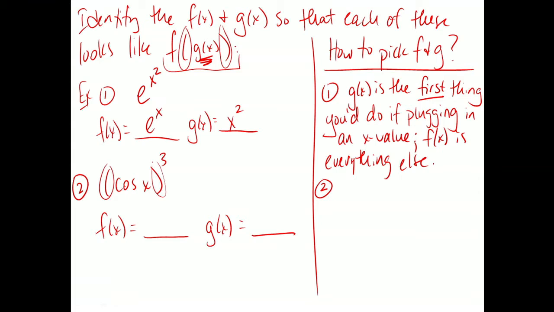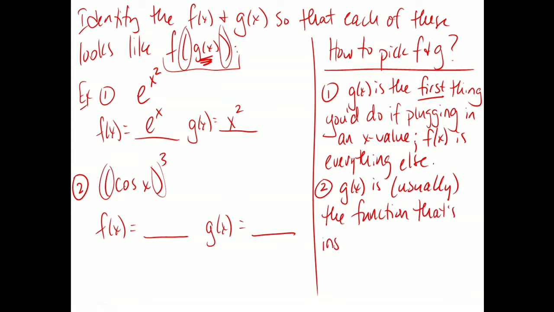And so you can use this as a second tip for picking g. I'd say g of x is, I should say usually, the function that's inside the parentheses, if there are some. You might not have some.